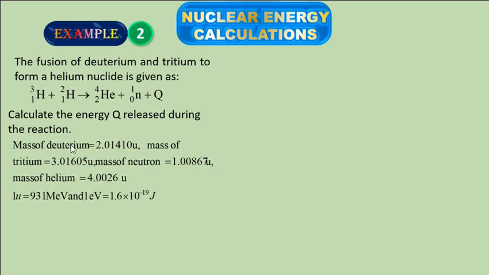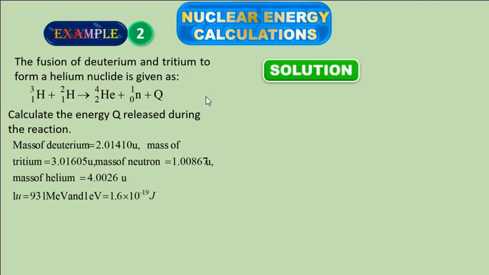The mass of deuterium is given as 2.01410 U. The mass of tritium is given as 3.01605 U. And the mass of one neutron is given by what you are seeing on the screen now, while the mass of the entire helium nuclide is given as 4.0026 U. 1 U is equivalent to 931 mega electron volt. Remember, mega is million. And 1 electron volt is equal to 1.6 times 10 raised to the power minus 19 joules. Now let's do the calculation together.